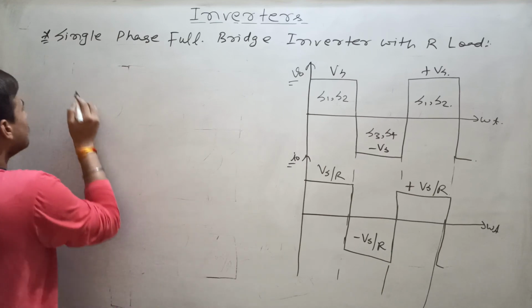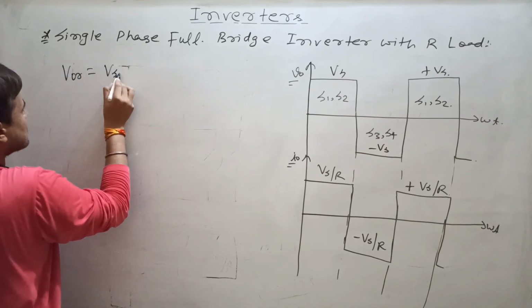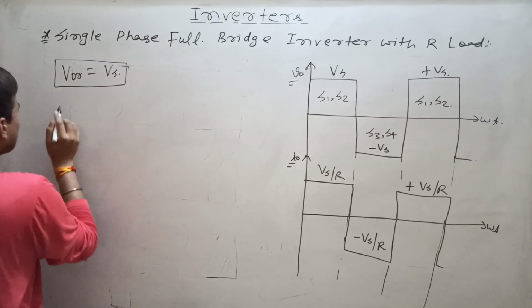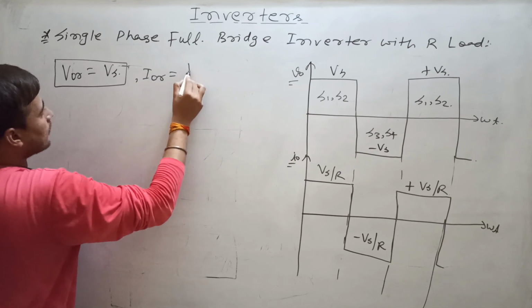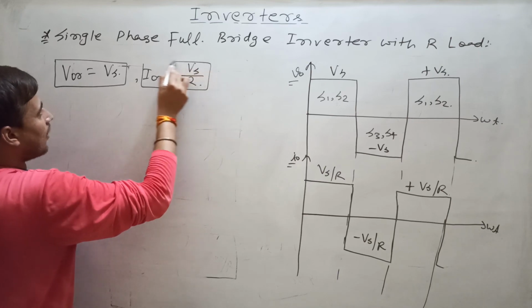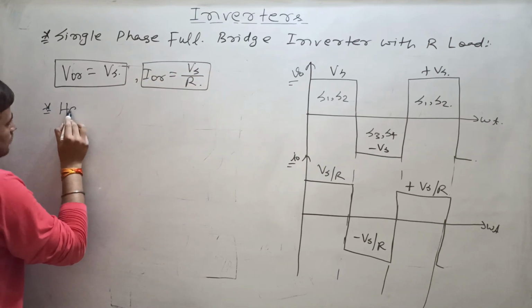So the RMS value of output voltage will be equal to Vs. Clear? Similarly, if somebody asks you the RMS value of current, it will be equal to Vs by R. Clear? Next, harmonic analysis.